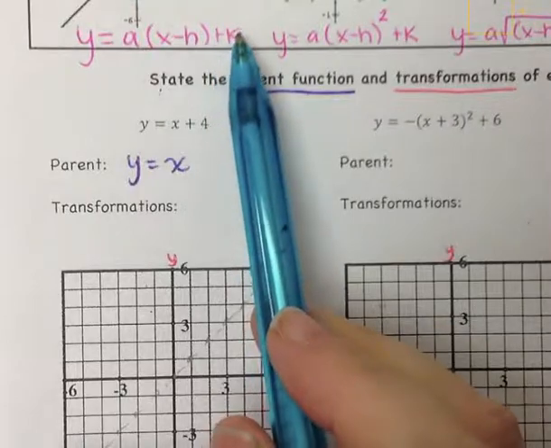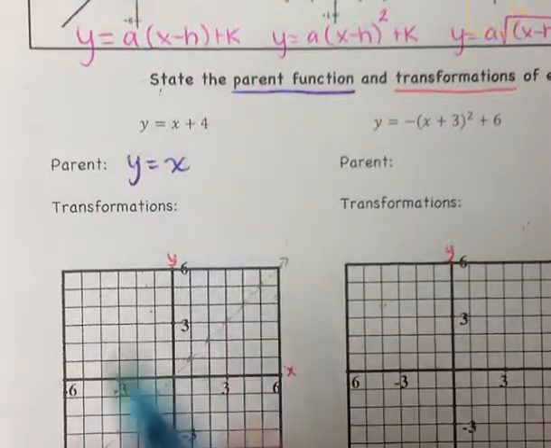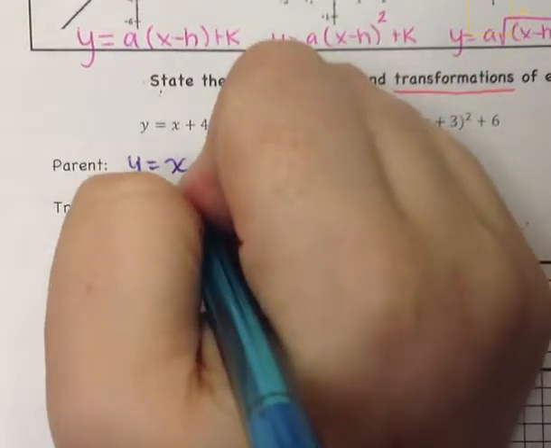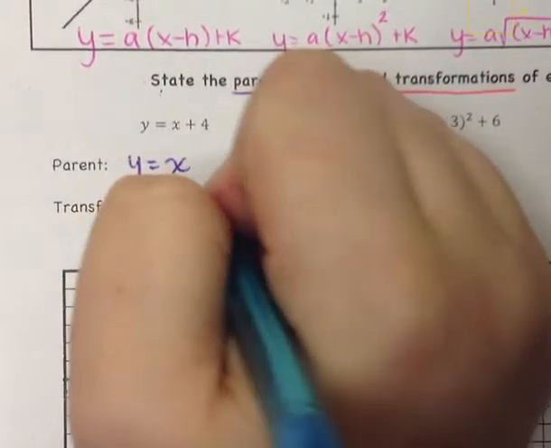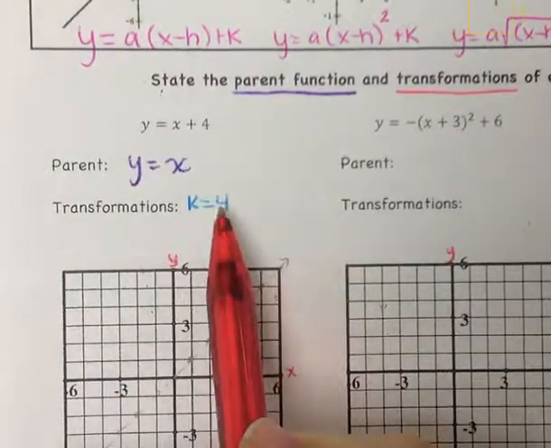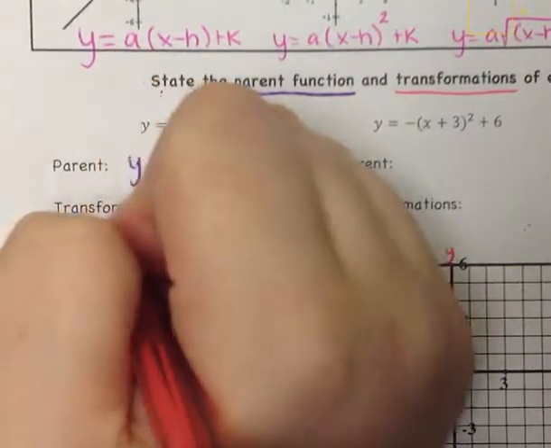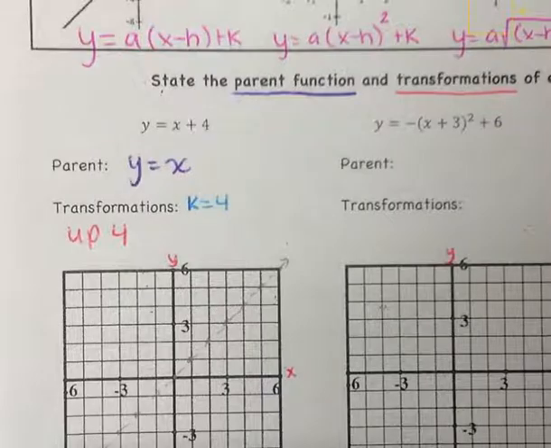The k is on the outside. There is a plus 4 on the outside. That tells us that the k has changed, so the k is equal to 4. What has happened is the k is the vertical movement. Positive 4 means it is going up 4. That is the only transformation that is occurring.